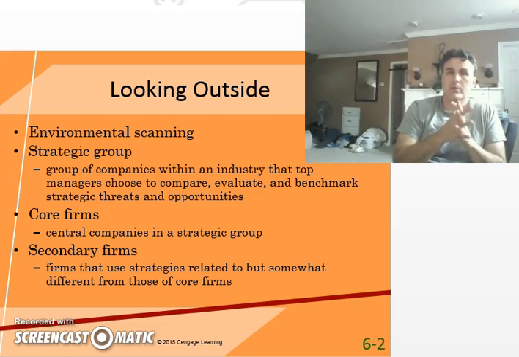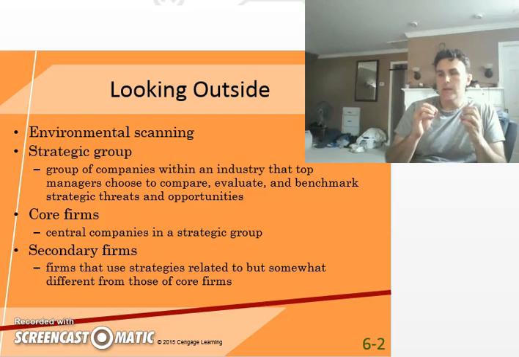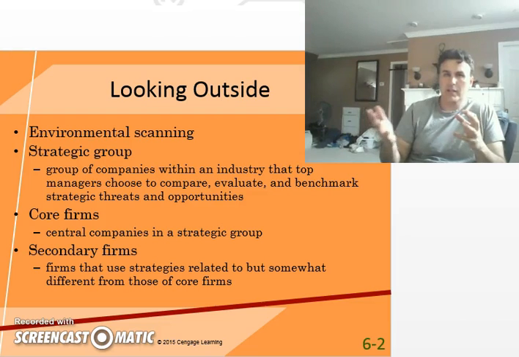And then secondary firms use strategies that are related to us, but different from our core. If I'm a low-cost, consistent McDonald's type of business, secondary competitors would be people with a low price point, but they're really differentiated. So secondary firms for McDonald's would probably be like Habit, Five Guys, Red Robin, right?